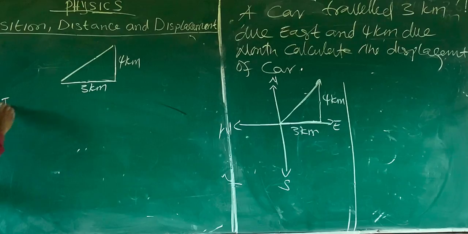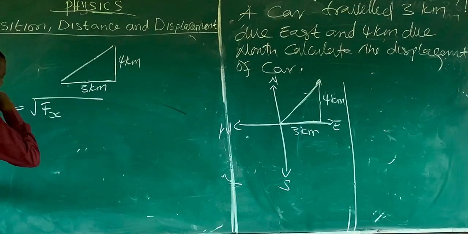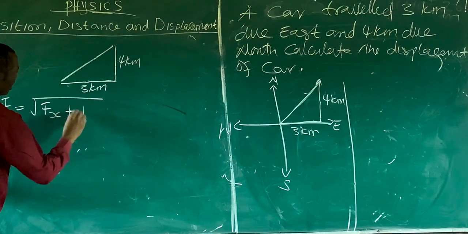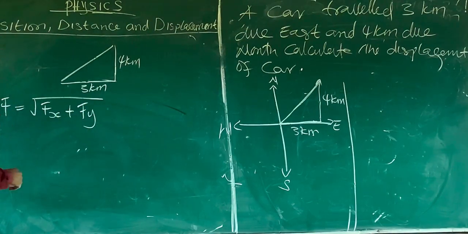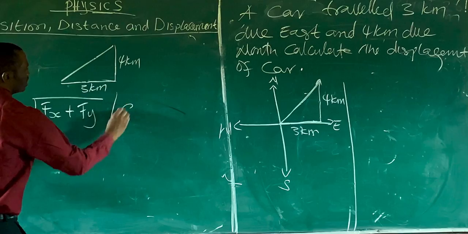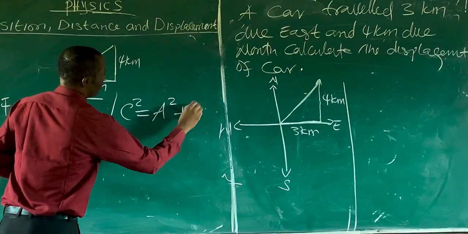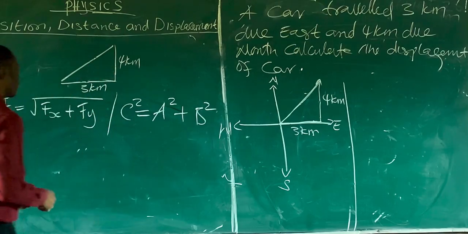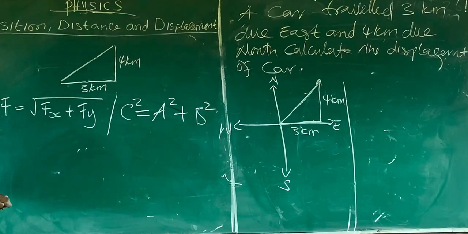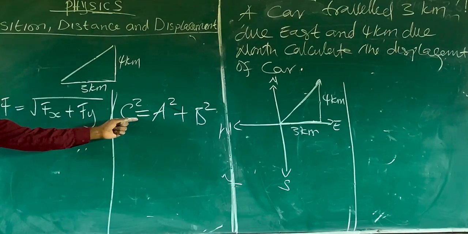I have a formula: F is equal to the square root of Fx squared plus Fy squared. Are you following that? Now, this is the formula I love to use. Or you use c squared is equal to a squared plus b squared. You can use any of those. Now, the one you are familiar with is this guy. Are you still with me now?